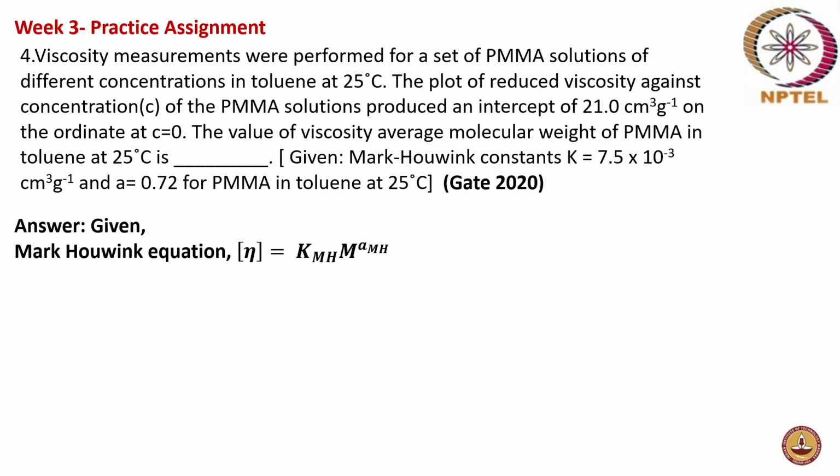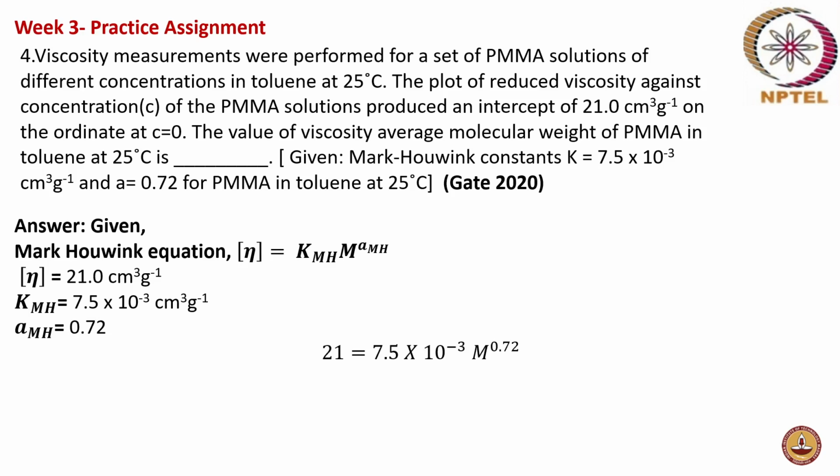Now your Mark-Houwink equation is eta equal to K into your molecular weight raised to the power of a. They have given all: you have the intrinsic viscosity as 21, the value of K, and the value of a.